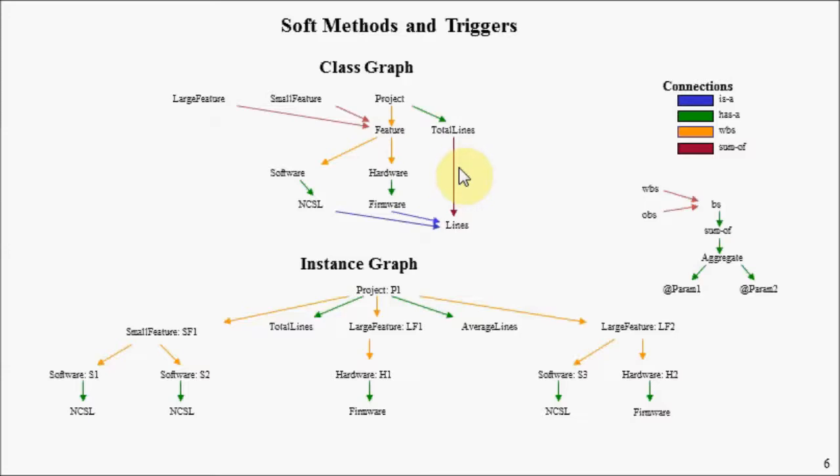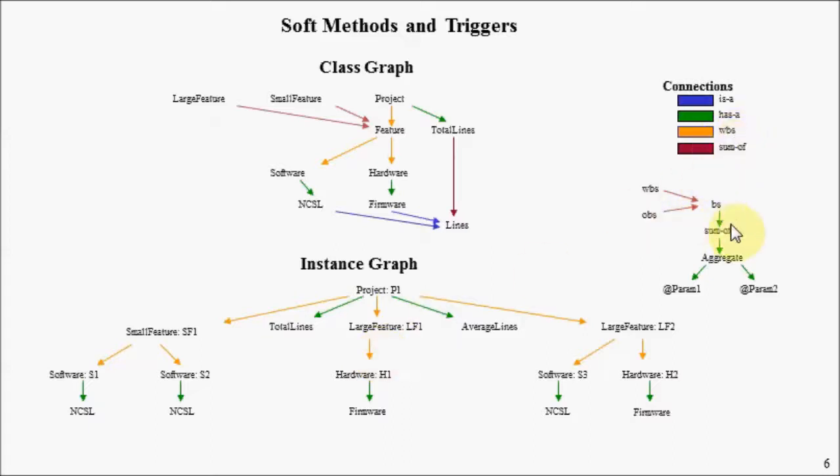This connection has behavior associated with it. What it says is the following: total lines is derived by lines, and over on the right it defines how. We're looking at two kinds of connections: work breakdown structure, which is this yellow, or object breakdown structure. Our instance graph here is broken down by work breakdown structure.